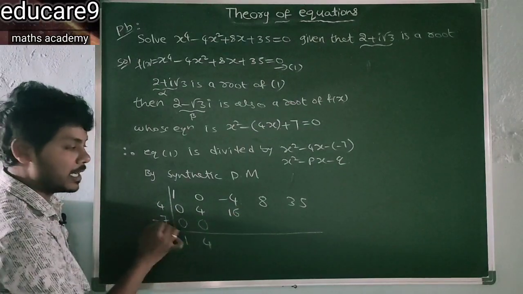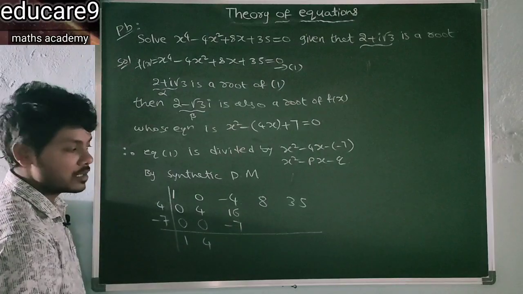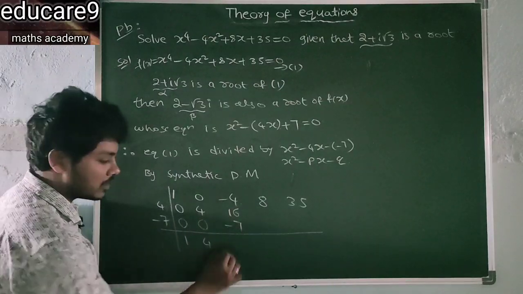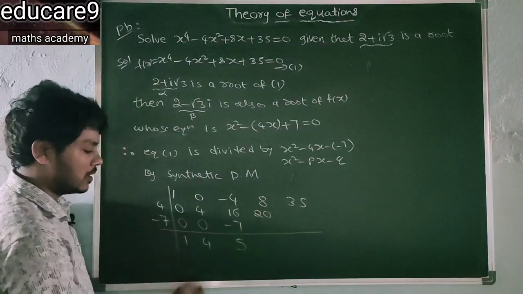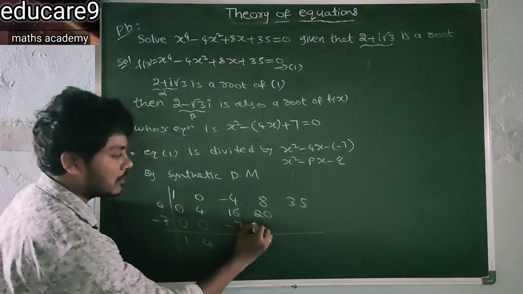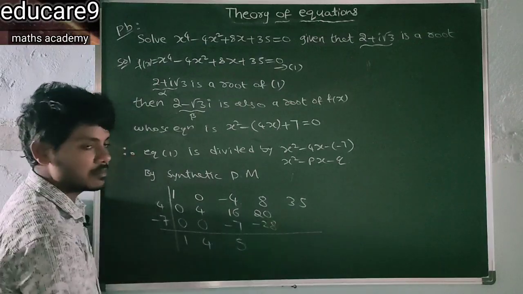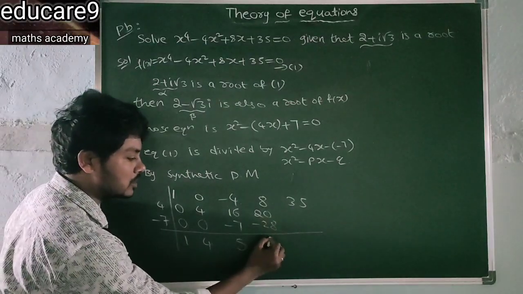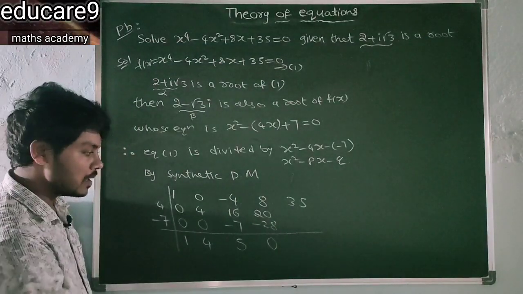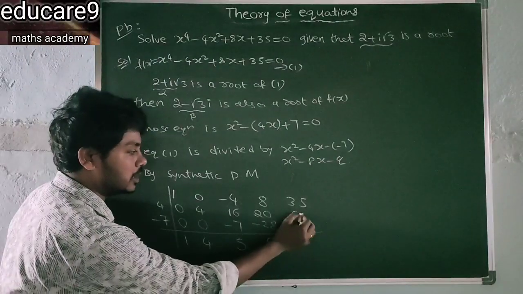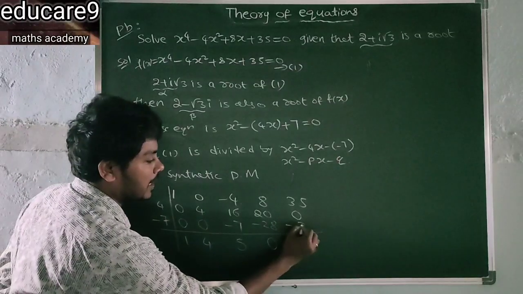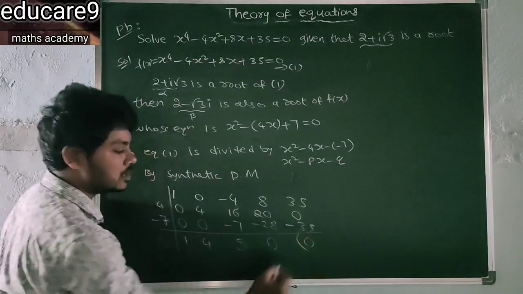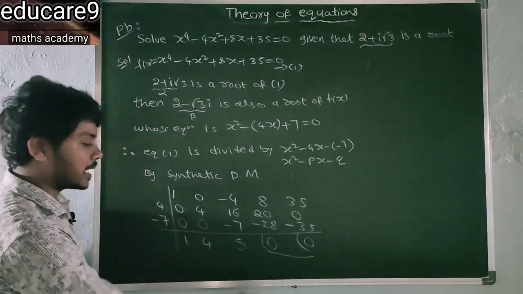And 1 into minus 7, so minus 7. 16 minus 11, that is 5. 5 into 4, 20. So 4 into minus 7, minus 28. So this becomes 0. Now write here 0. Before this, 5 into minus 7, minus 35. This is also 0. So clearly this is what?